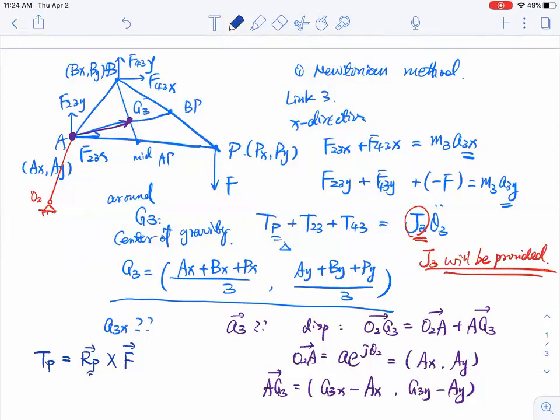By definition, it starts at the center of gravity. So that starts at G3. It ends where the force is applied, which is P. So that's why the RP vector equals G3P, which means you start from G3 and end at P. So that's the RP vector you need to find.